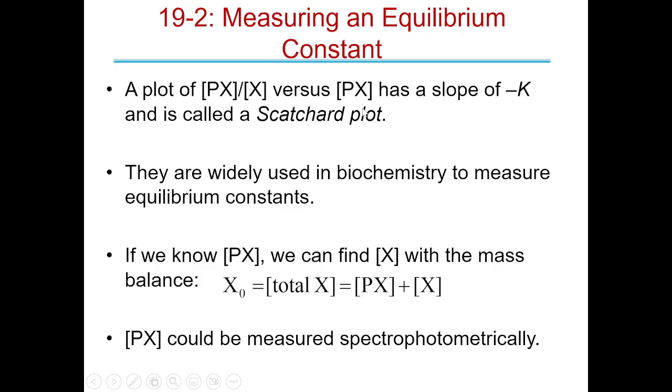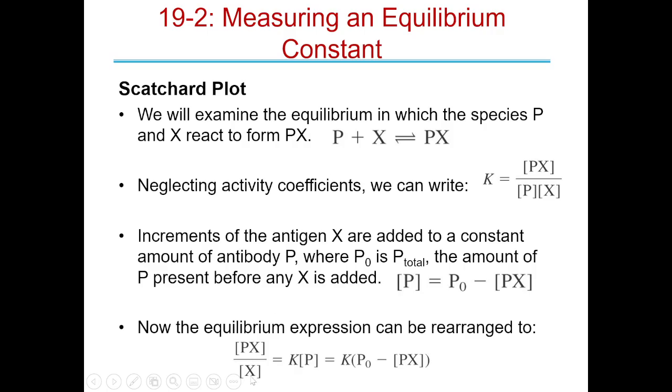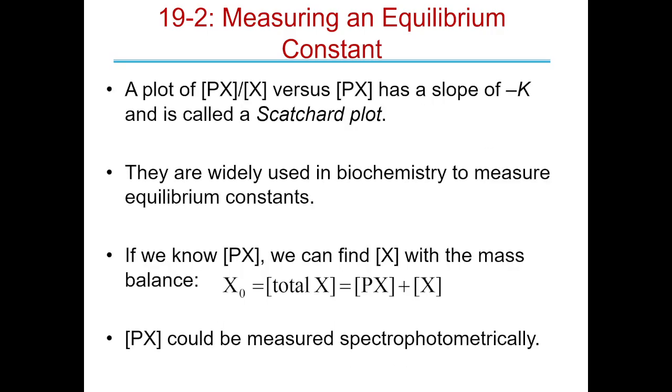So now, a plot of Px over X versus Px. Px over X would be our Y, and this right here would be our X. Can everybody see that okay? So we made essentially a linear relationship out of our equilibrium expression.